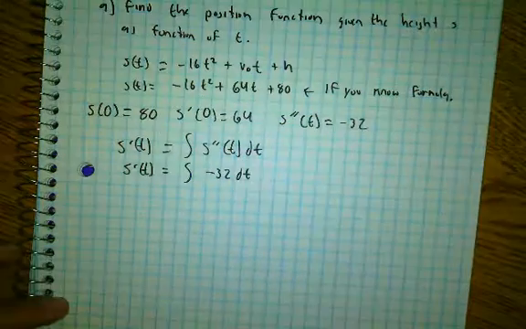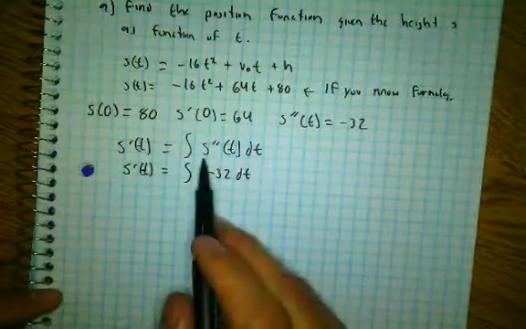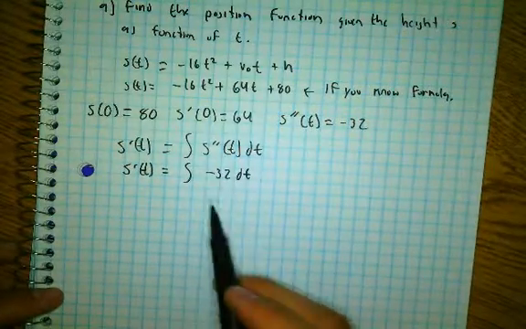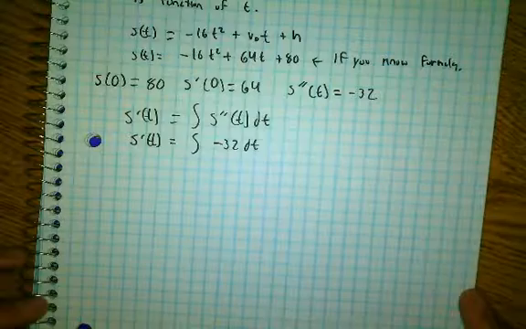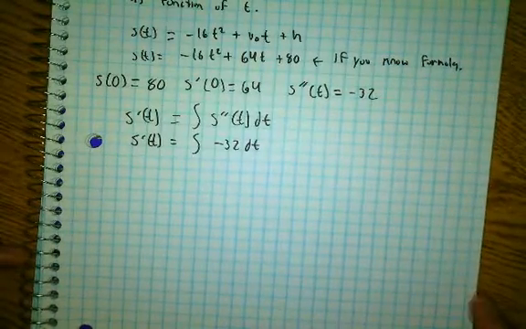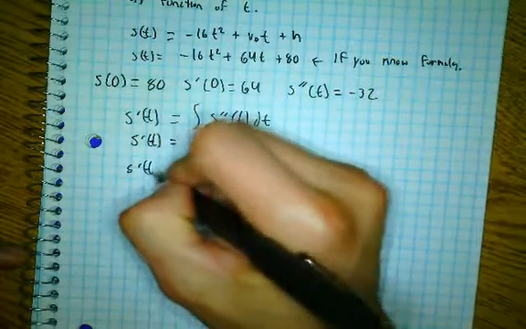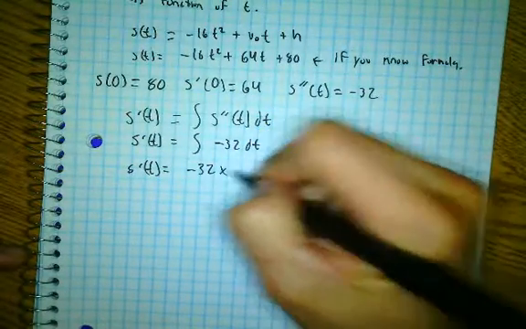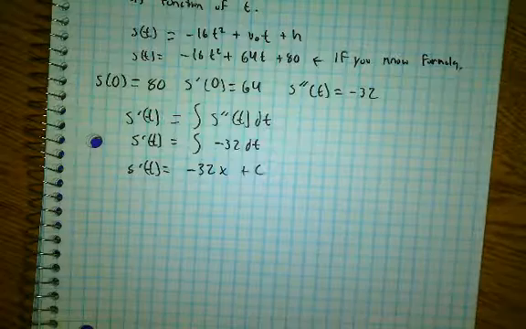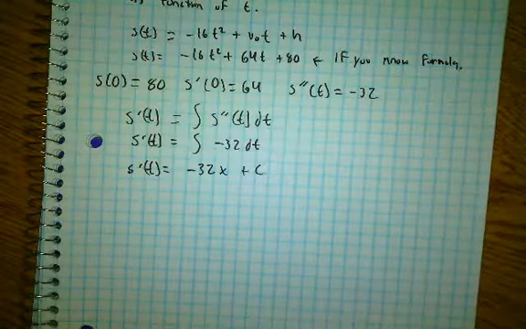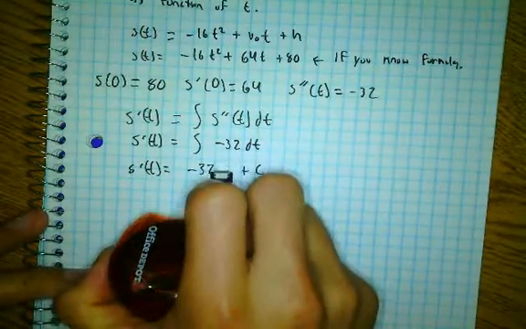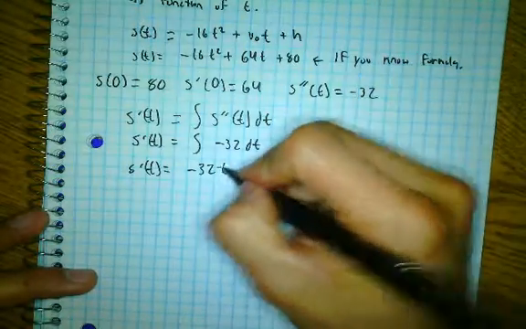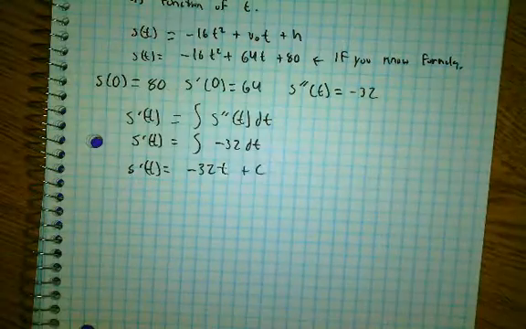Well, how can I figure out that constant? Because I'm going to need to take the antiderivative of this to get the position, right? But I need to know what that constant is. What can I do? It's going to equal what? 64. Agreed? Are you guys following with what I'm doing?